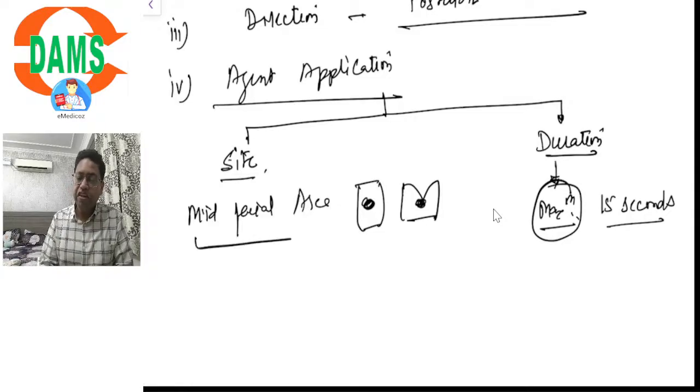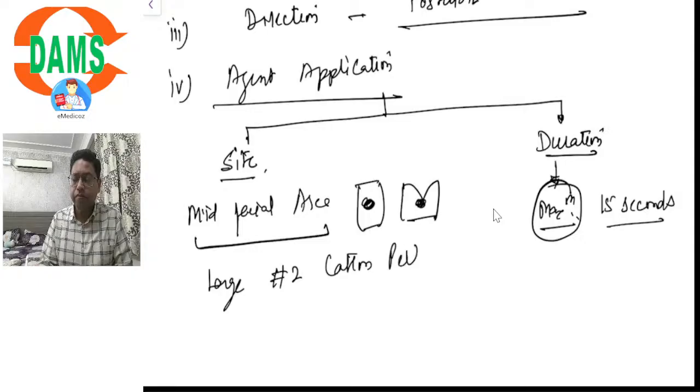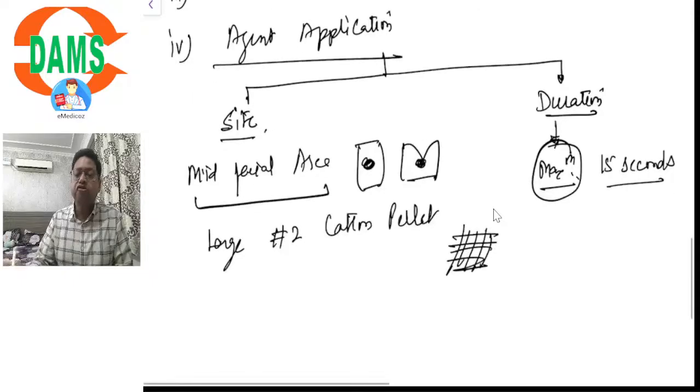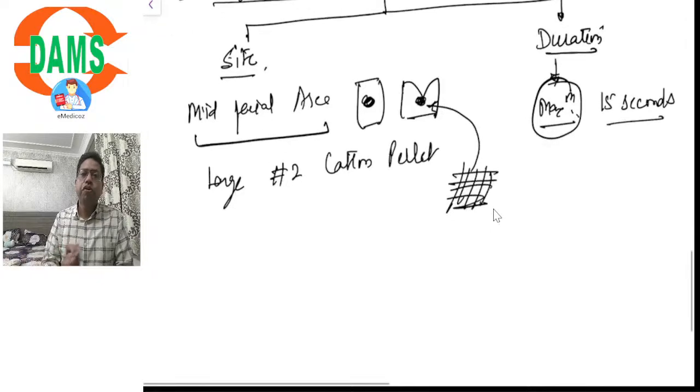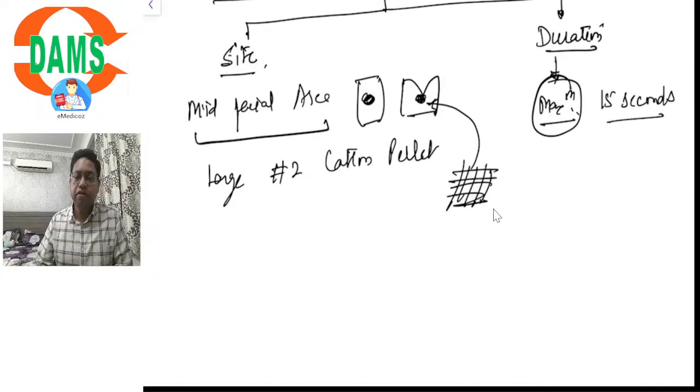And this midfacial area is chosen and the agent is applied with a large number 2 cotton pellet. There is a cotton pellet. It is saturated with the agent that we have to use, the cold testing agent, and this is applied onto the mid facial area of the tooth being tested. This is how we do the cold testing of the tooth.